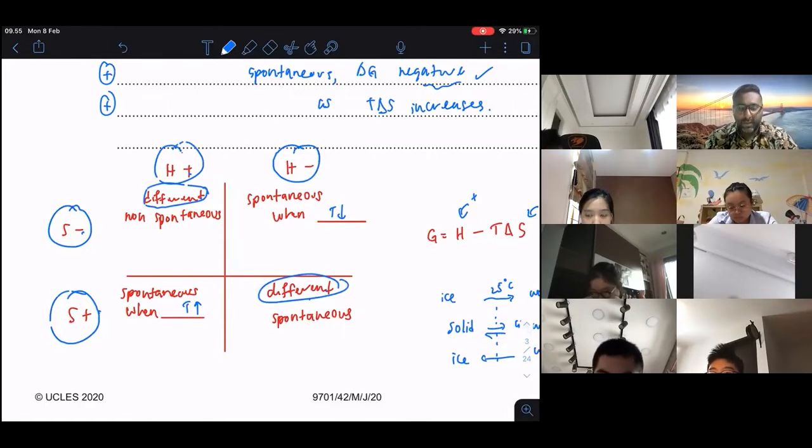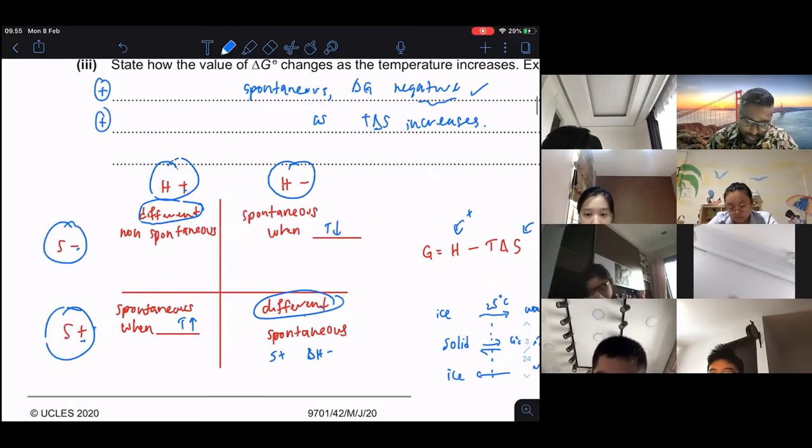How? Because if you have entropy positive, more entropy, and then delta H is negative, exothermic, it is of course going to be always spontaneous. It doesn't matter what temperature, it's going to be spontaneous.